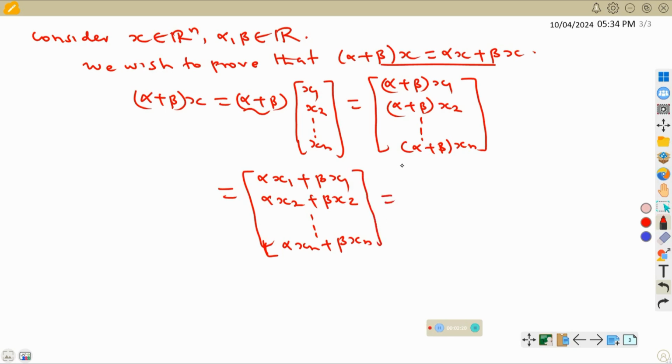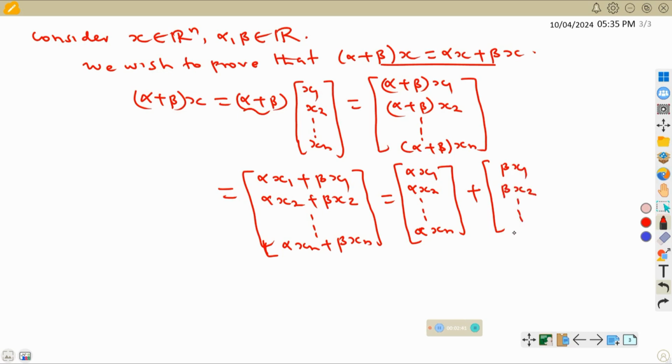But if I have this, I can still write this as alpha x1, alpha x2, up to alpha xn, adding there beta x1, beta x2, up to beta xn.